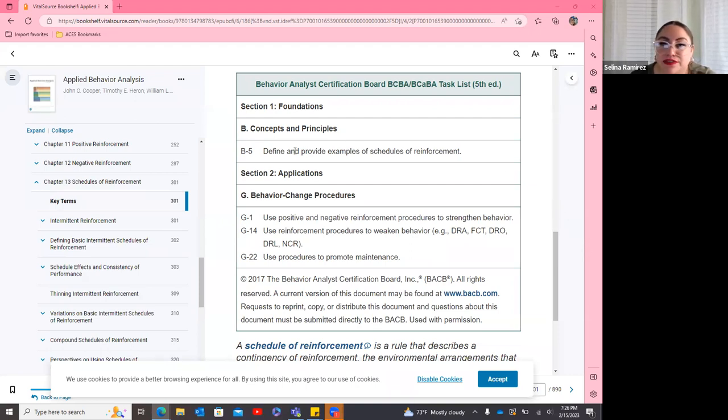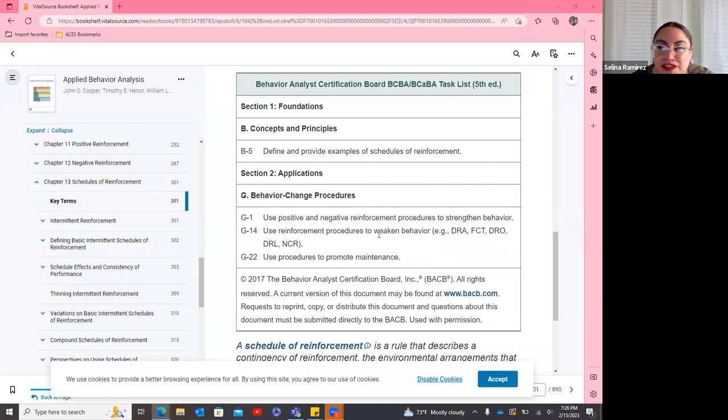B5, define and provide examples of schedules of reinforcement. And then it's going to go into applications. G, behavior change procedures. G1, use positive and negative reinforcement procedures to strengthen a behavior. So remember, both positive and negative reinforcement are going to strengthen the behavior.